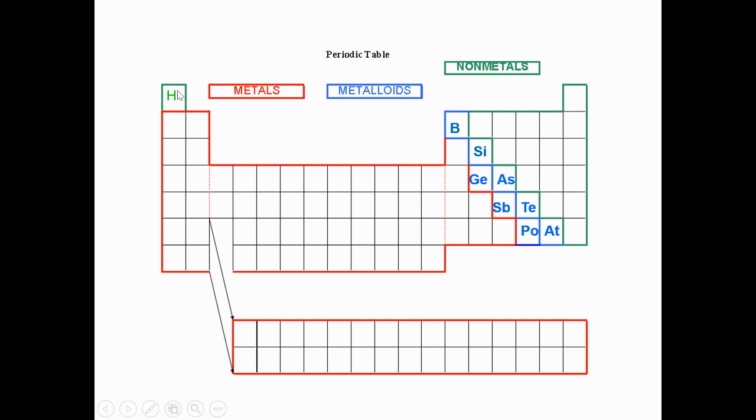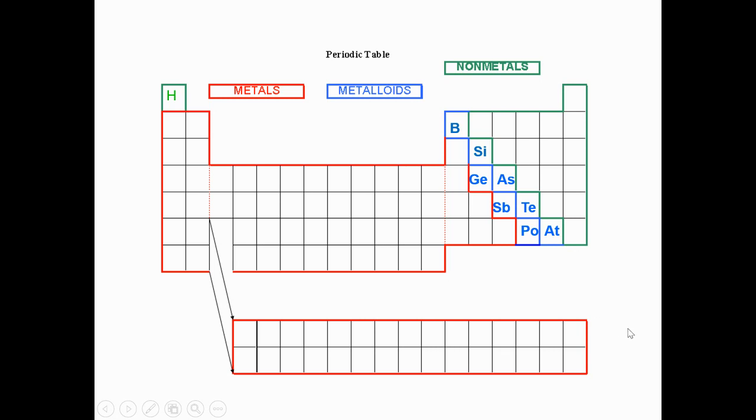Note that hydrogen up here in the upper left is not a metal. It is a nonmetal. It's kind of the prisoner of war. It sits over on the other side of the table. The elements that I have written symbols for in blue represent the metalloids. And basically the metalloids separate the metal side of the table, which is very large, from the nonmetal side of the table, which is very small.